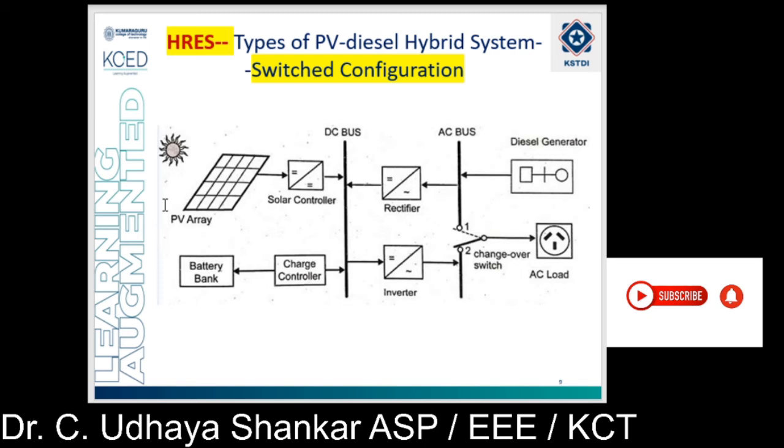An automatic controller has to be implemented to control all the operations, to ensure whether recharging of the battery bank is necessary and which particular source has to be switched on. Load tracking has to be done, and the sources have to be switched on according to the load demand. This is the operation and working of the switched configuration.